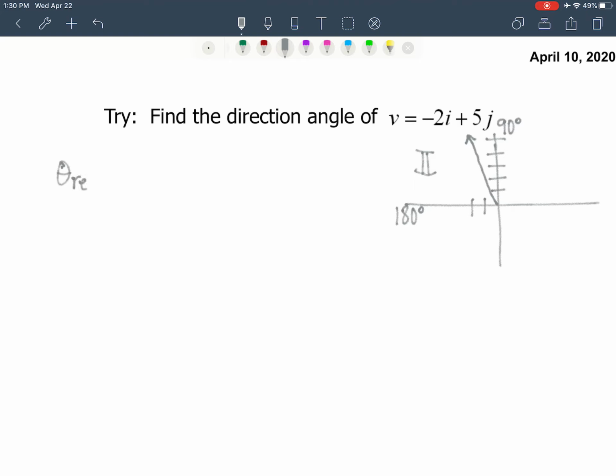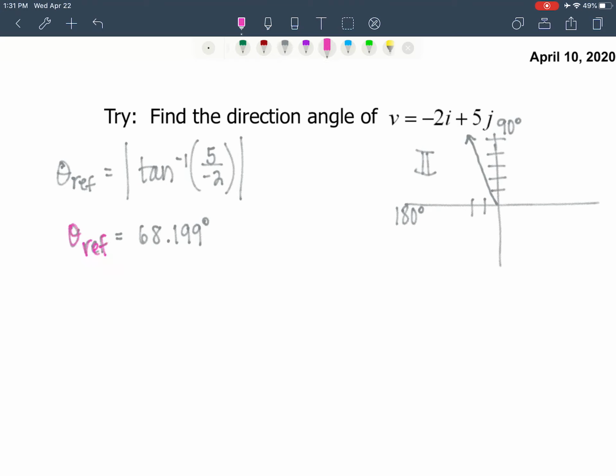And then my reference angle theta is equal to the absolute value of the inverse tangent of 5 over negative 2. So I get my reference angle equaling 68.199 degrees. So that's this angle right here.